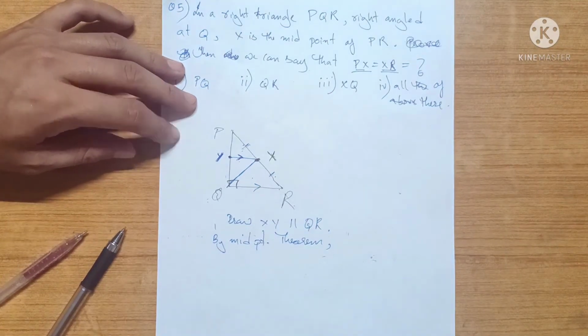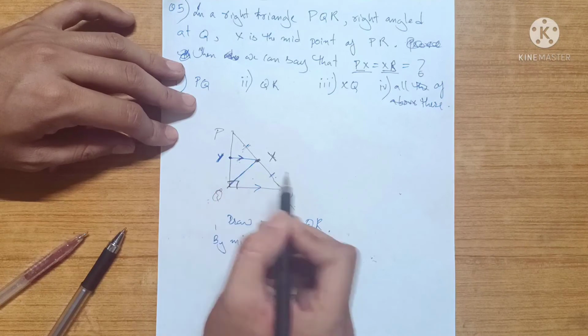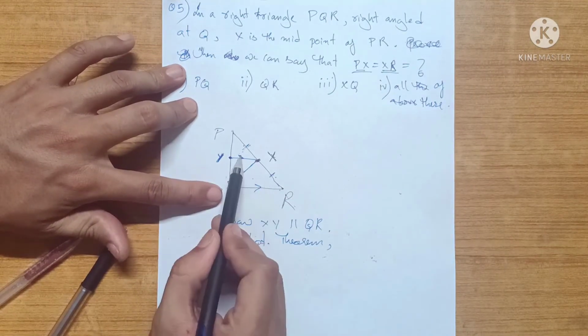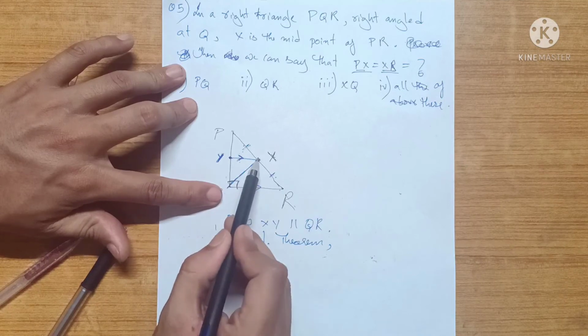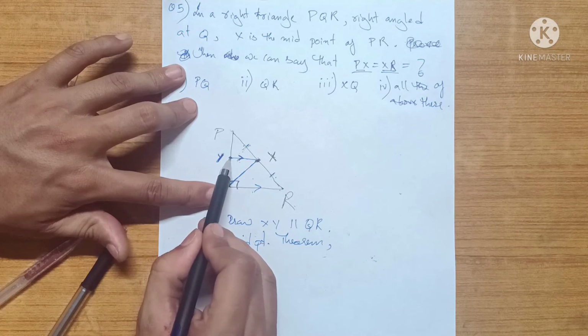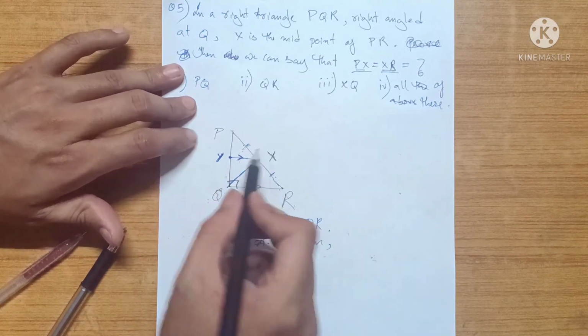Let me repeat that again. From the midpoint, if you draw a line parallel to the third side, it will always intersect the other side at the midpoint.